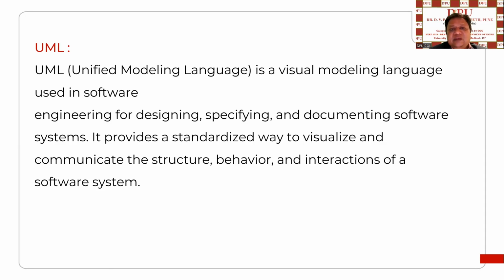All those things can be presented visually by using UML. It is also used to communicate the design, the structure, its behavior, and the interaction of a software system with other systems. All these things are possible with the help of the UML diagram.